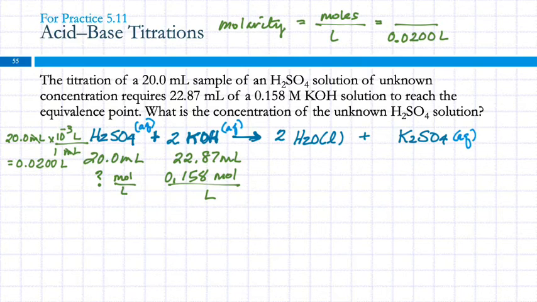Another way you can do this, maybe I'll do this one in purple. 20 milliliters. Well, I know what milli means. Milli stands for times 10 to the minus 3. So instead of writing milli, I'm going to write what it means, times 10 to the minus 3 liters. Now, is that in proper scientific notation? No. Will your calculator understand it?